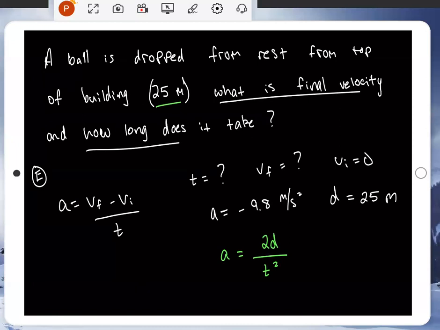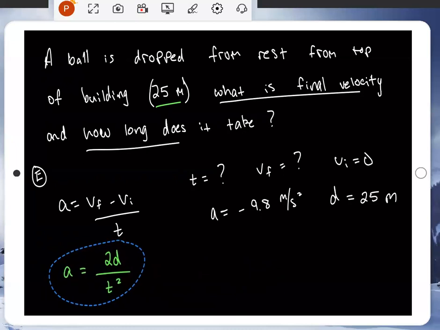Okay. So what are we solving for if we have these two equations?